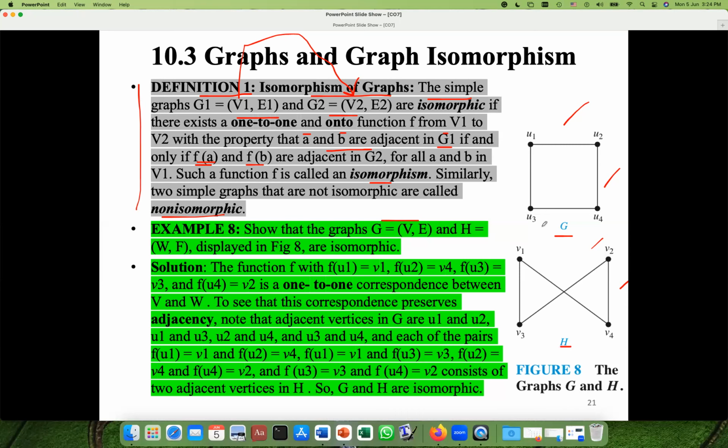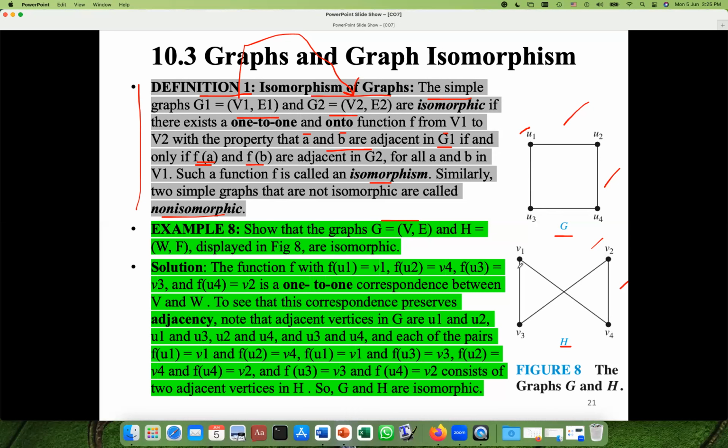If you are given 2 graphs, you can start with any vertex. It is again hit and try. Suppose you are going to start with U1, and then you have to find its equivalent vertex in the other graph.